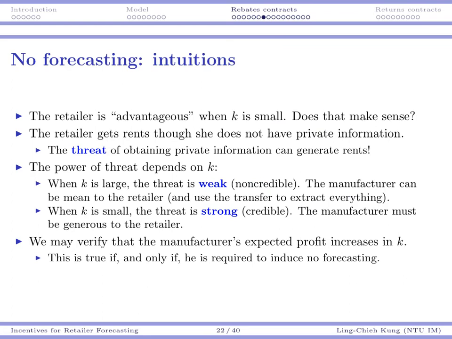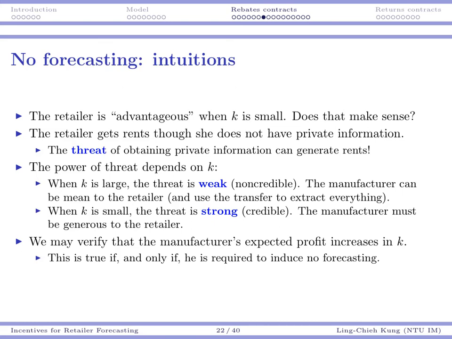It's very interesting to see that the retailer can earn some money when K is very small. Does that make sense? Basically, yes, because if K is small, the retailer is stronger in making a forecast because that is cheaper. When the retailer is stronger, the retailer can basically earn more. So that's not very surprising.